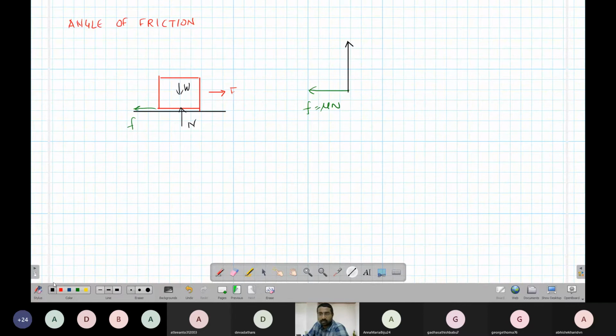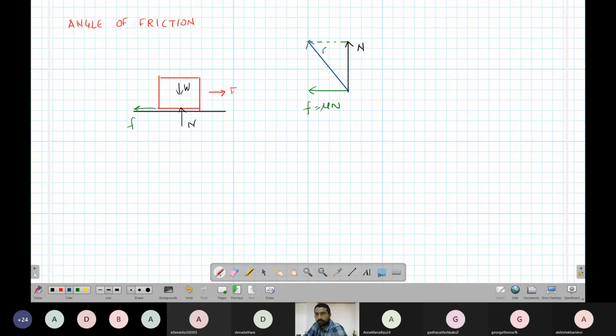You have to find the resultant of these two. We know there are many ways to find a resultant. I'll use the graphical method because that is easier to represent. This is the normal.